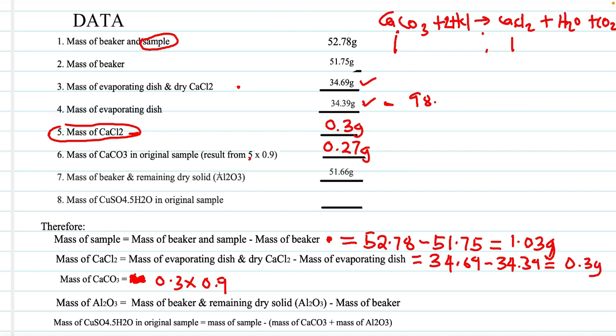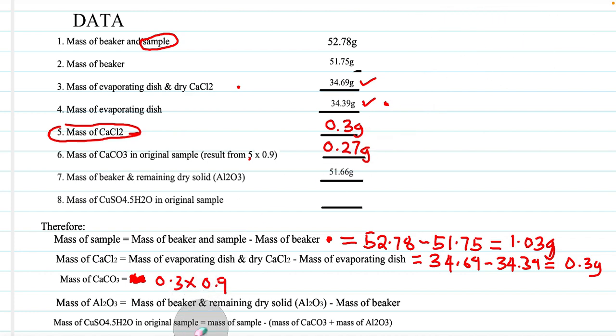All right. Now, if you realize, based on this, we have succeeded in removing CuSO4 by adding water and it dissolving. We also succeeded in removing calcium carbonate by adding HCl. So what is left now is Al2O3.